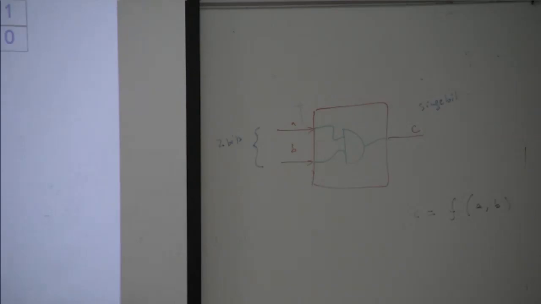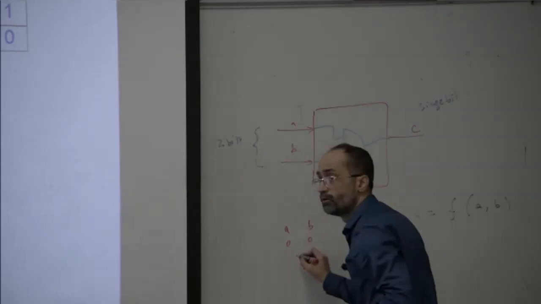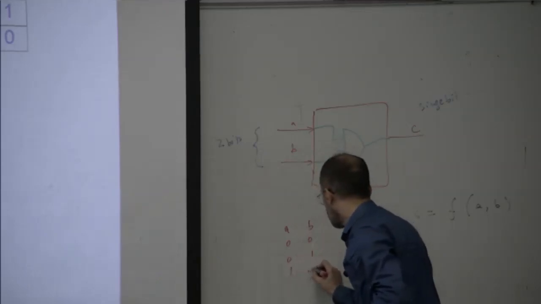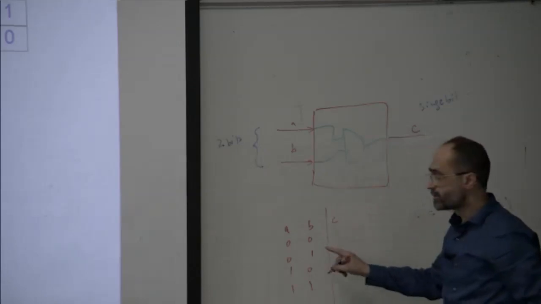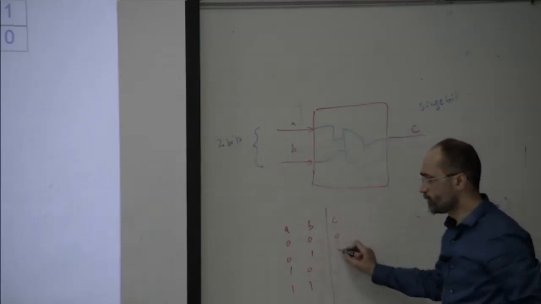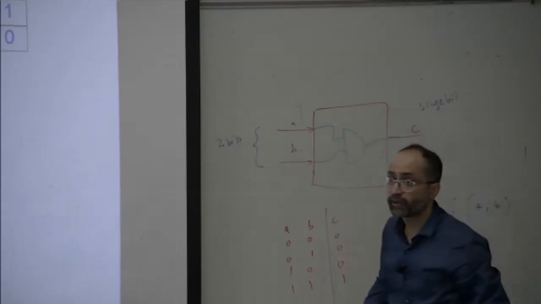What are these possible combinations? A and B: 0, 0; 0, 1; 1, 0; and 1, 1. And now we have a logical AND C: 0, 0, 0, 1. So this is a logical description of an AND gate.